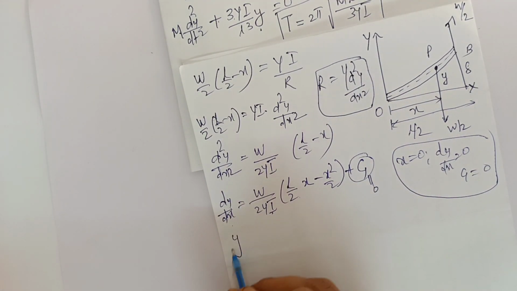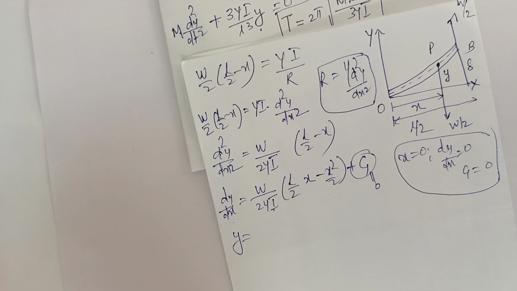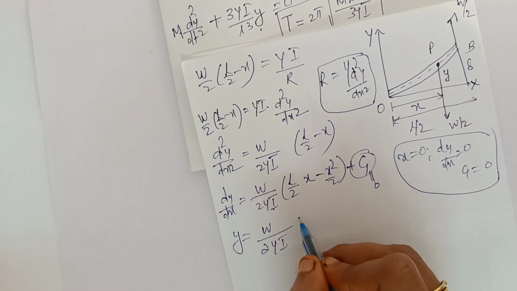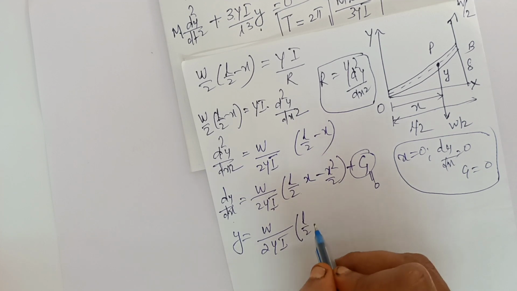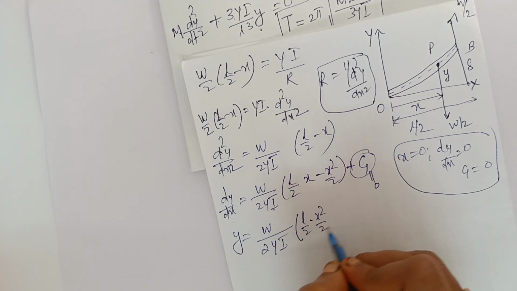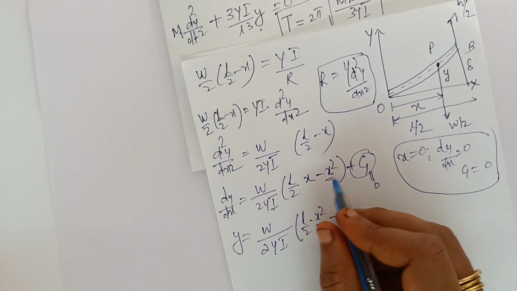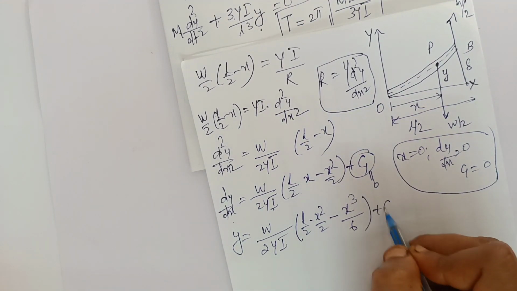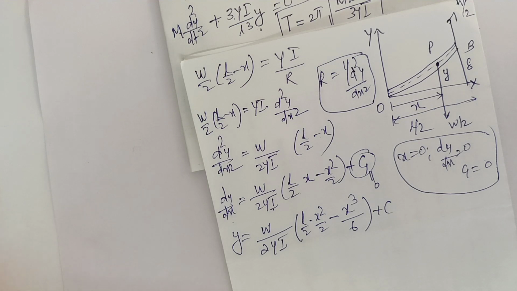Now again, to get the y value, we are integrating again. Now L by 2 into x square by 2 minus x cube by 2 into 3, that is 6. Again we are going to get a constant c here.